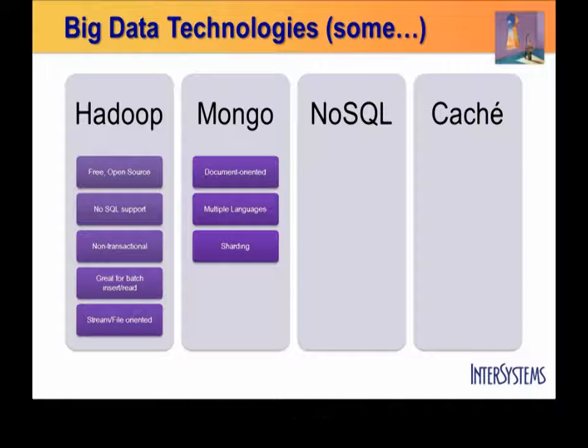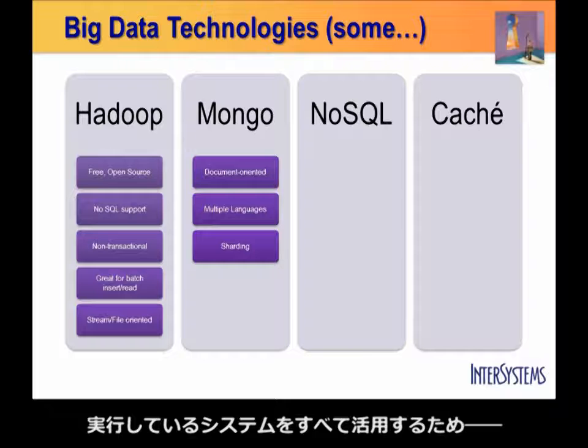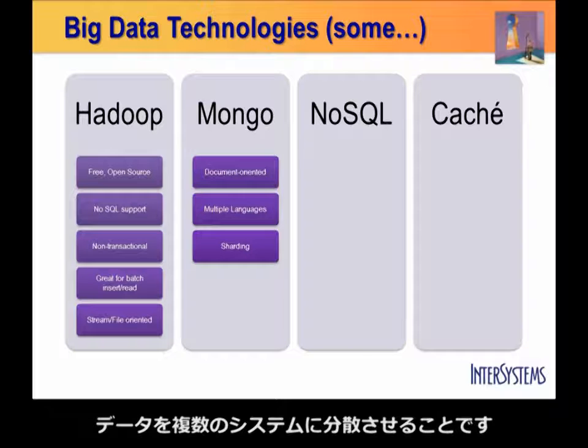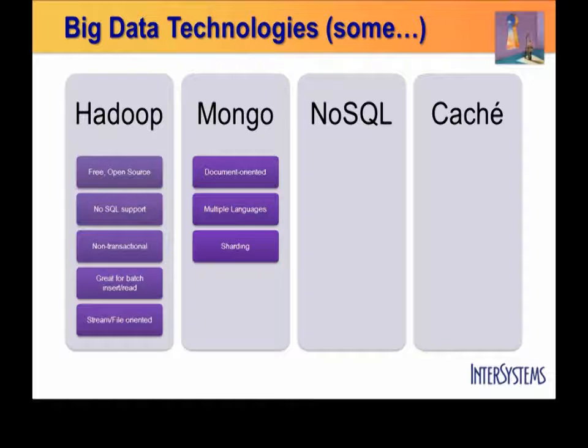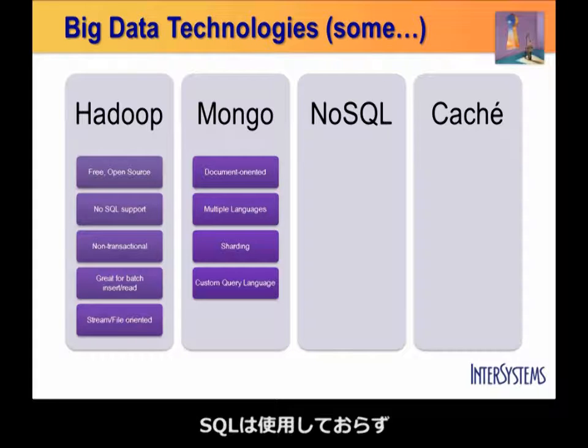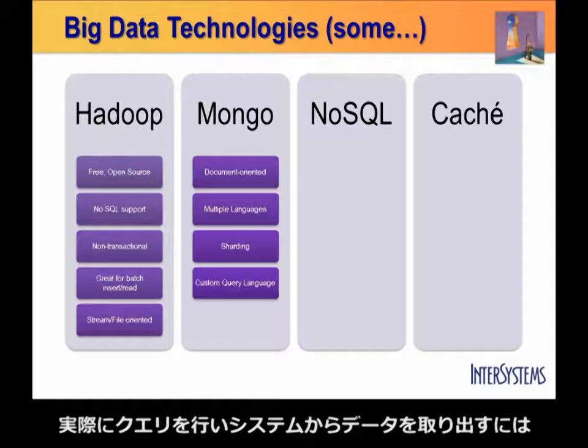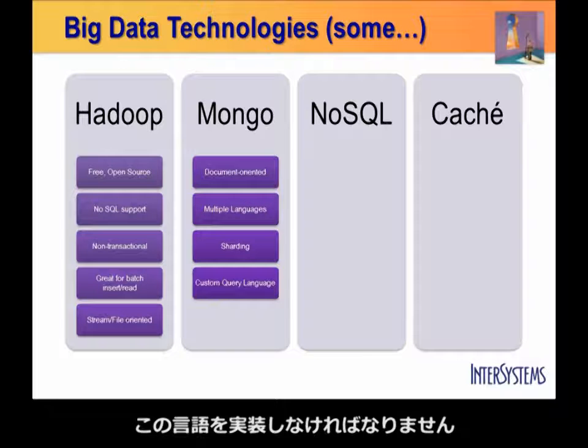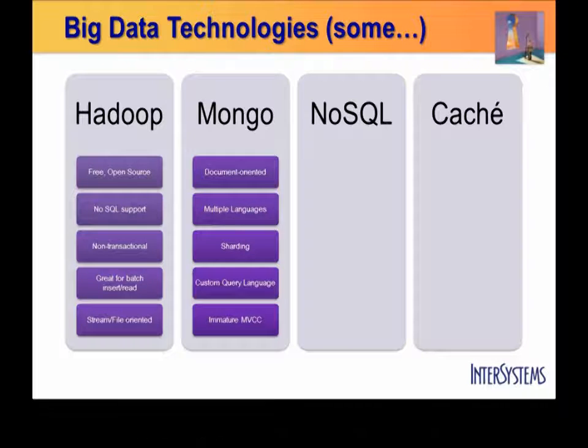It does sharding. Again, sharding basically means you take a particular piece of data or work, a unit of work, and you distribute it out to multiple systems to actually take advantage of all of these systems that you have running. So that's what sharding is. So it does sharding automatically. It provides a custom query language. It's not SQL. They provide their own version of a query language, which you then implement if you want to actually query the data and get some data out from the system.